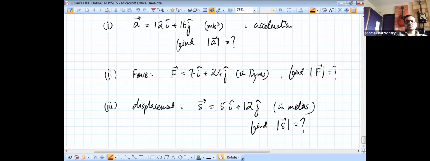Adinath, correct. Yes, Yuvraj and Dhaneshwar, correct. Only the unit will be dyne and not Newton. Okay, dyne is the CGS unit of force.